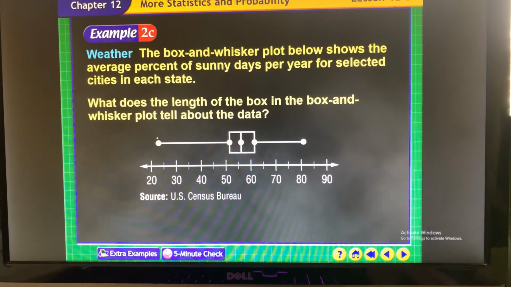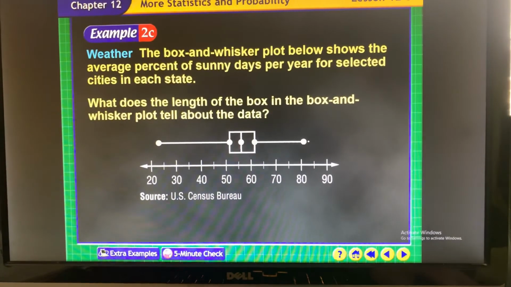You had some percent of days that weren't sunny, really, really low, and percent of days in some states that were always sunny. Whereas this is the average group fell in this category, and they're really close together. Somewhere between 51 and 62 sunny days.